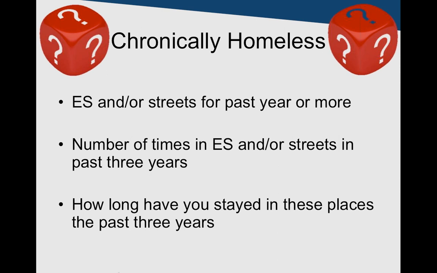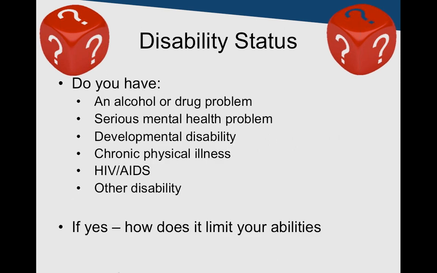I'd just like to suggest that instead of asking a person whether or not she is chronically homeless, you ask a number of the questions that get to that definition of chronically homeless, such as the number of times that the person has been homeless, the length of time that they've been homeless, where they've been staying, with whom they've been staying, just so that you can try to get to all those various components that go into defining chronic homelessness.